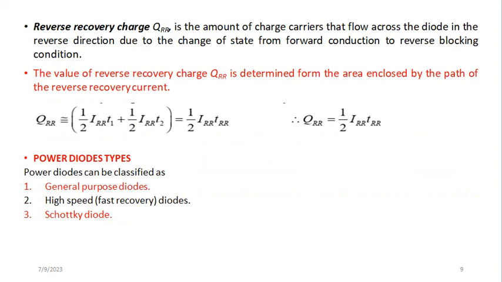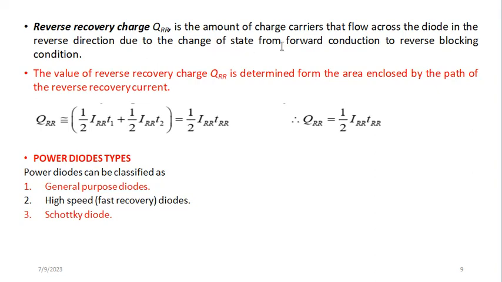So from there, we have what we call the reverse recovery charge. We have seen the reverse recovery time, we have seen the reverse recovery current. Now we have the reverse recovery charge, which is QRR, and it is the total amount of charge carriers that will cross the junction of the diode when it is in reverse direction, due to what?